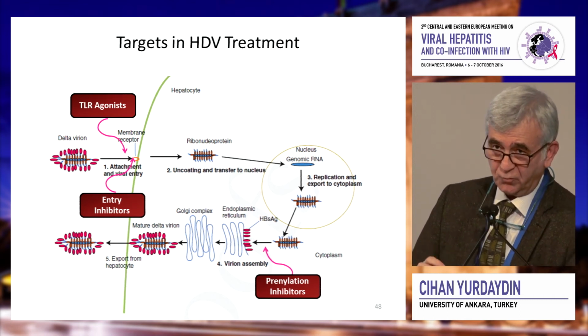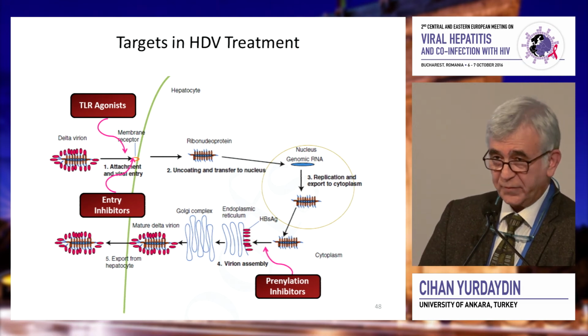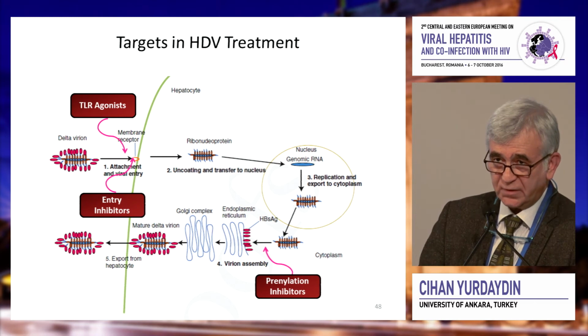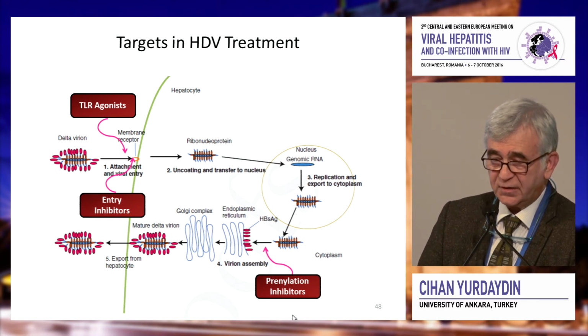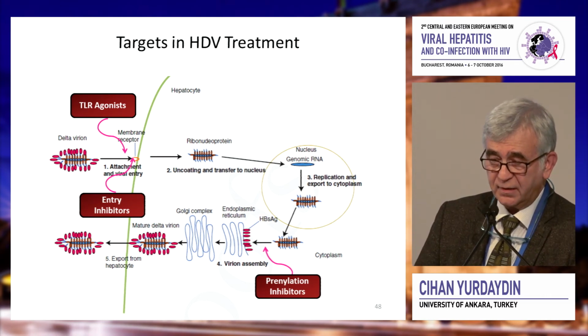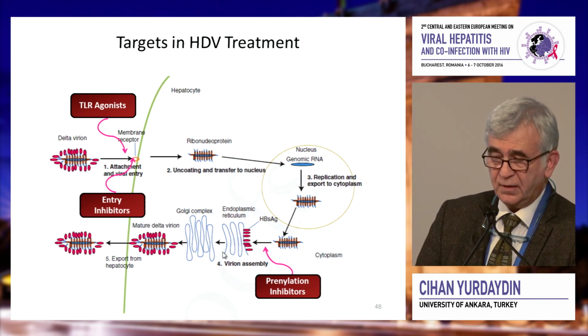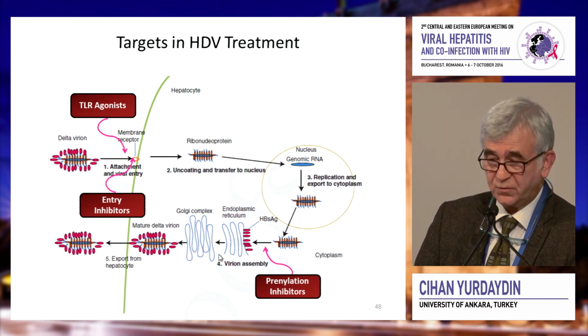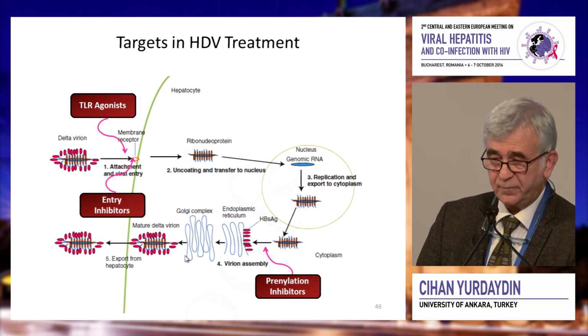Since the nucleoprotein complex is hydrophilic, so lipophobic, this attachment is difficult, and addition of a prenyl group, a 15-carbon prenyl group, makes the nucleoprotein complex lipophilic, and the attachment is finished. So prenylation inhibitors, in the case of delta hepatitis farnesyl transferase inhibitors, inhibit this step.